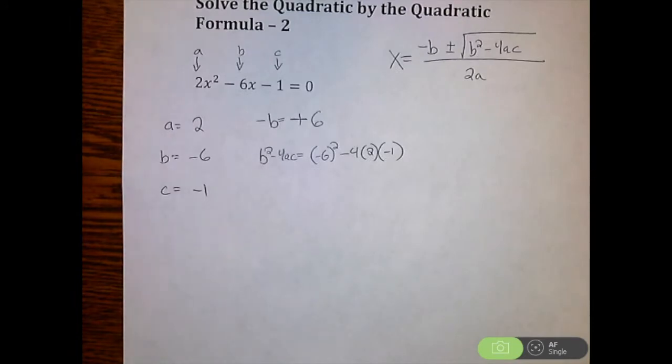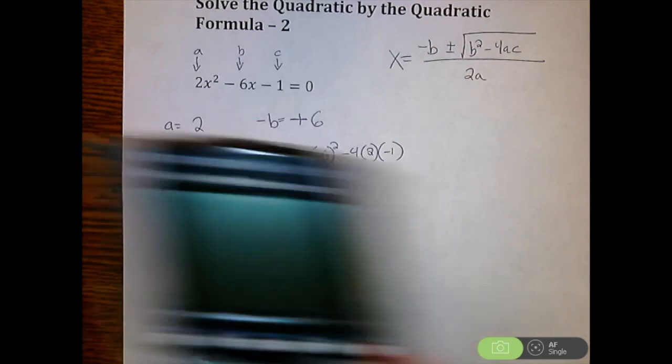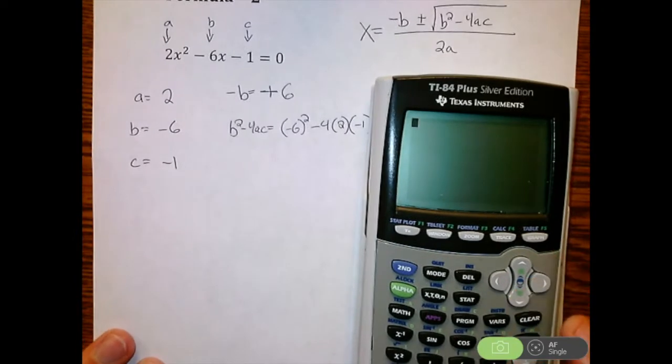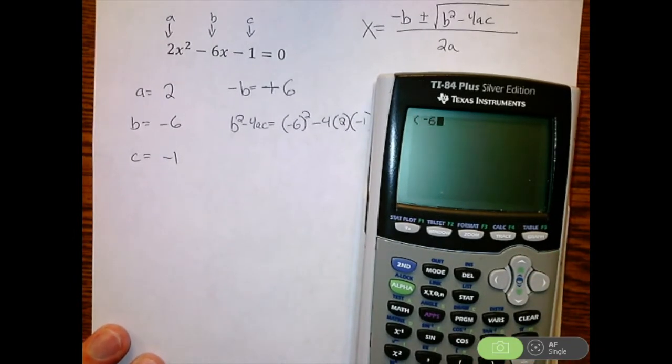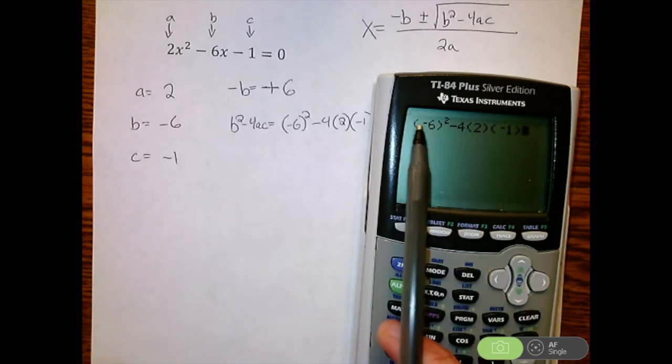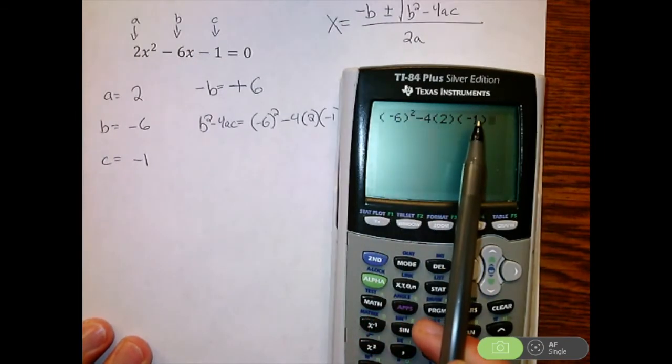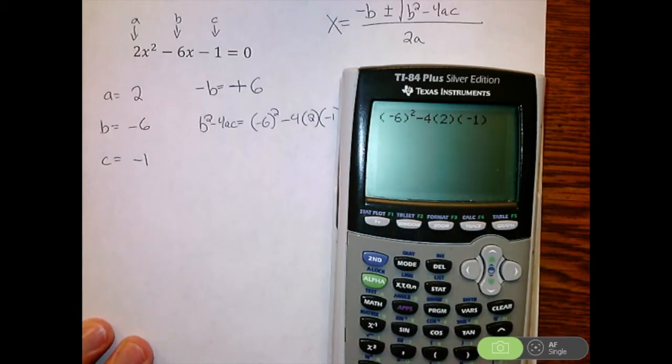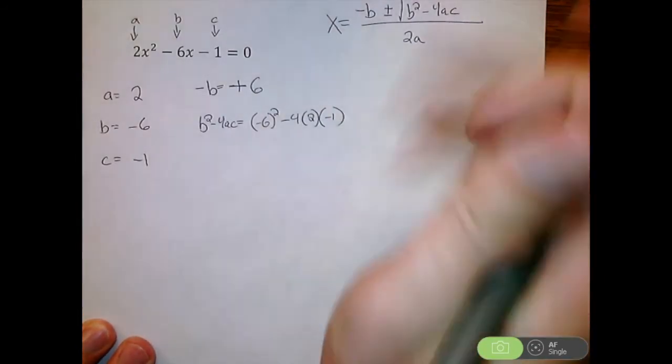I'm going to let the calculator handle it, and especially for a student, I would let a calculator handle it so it minimizes errors. So: parentheses, negative 6, parentheses squared, then a subtraction, 4, parentheses 2, parentheses negative 1. Key pieces there: these are negatives on the 6 and 1, but that's a subtraction sign on the 4. When I hit enter, I get 44.